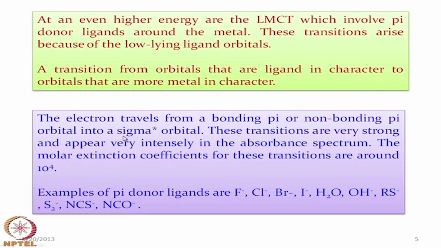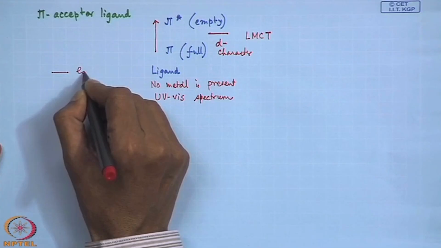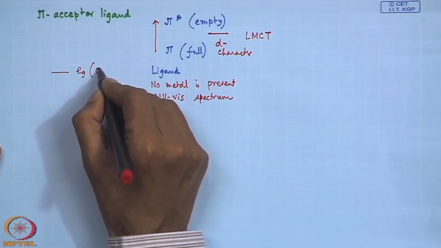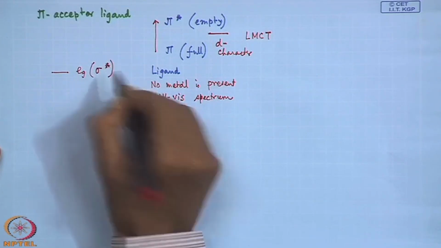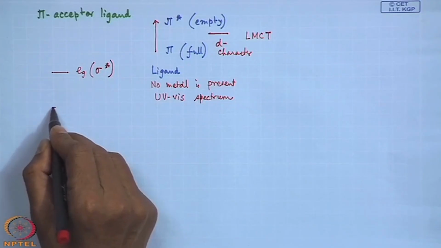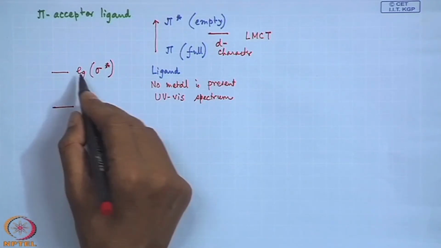So, in this particular case, the metal is giving the sigma star orbital and the ligand is giving the corresponding pi and pi star level. The corresponding level which we can designate as the Eg can be considered as the corresponding sigma star level, and we can have the corresponding metal in this particular level.